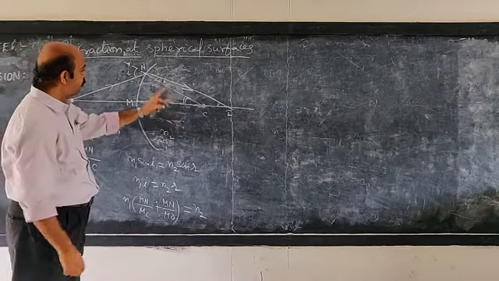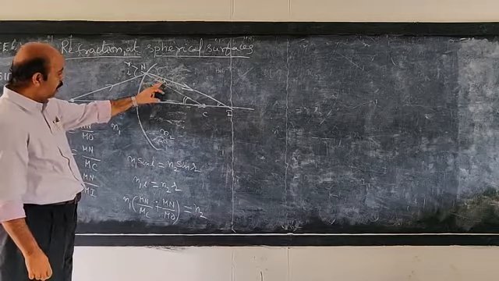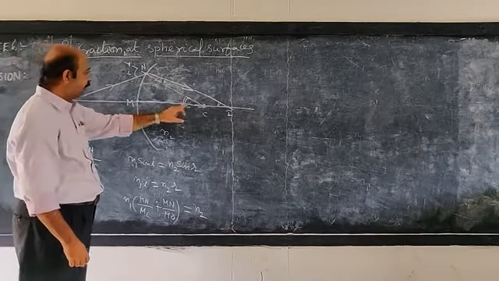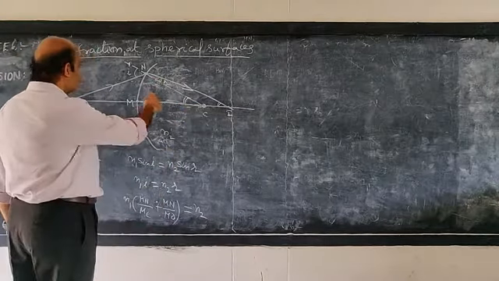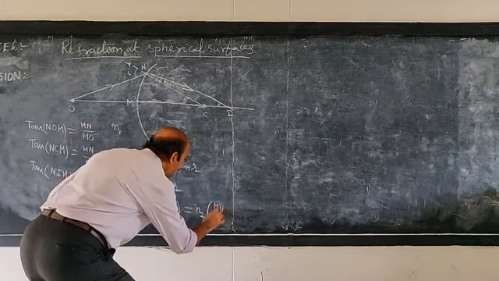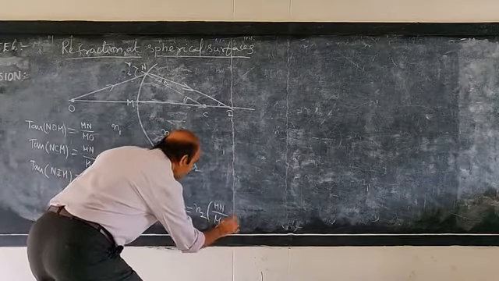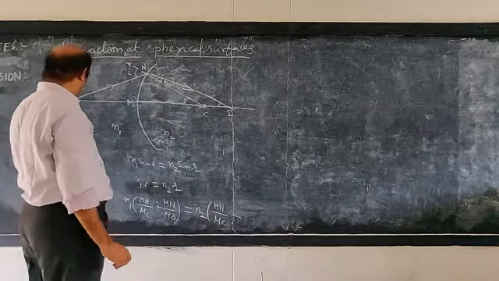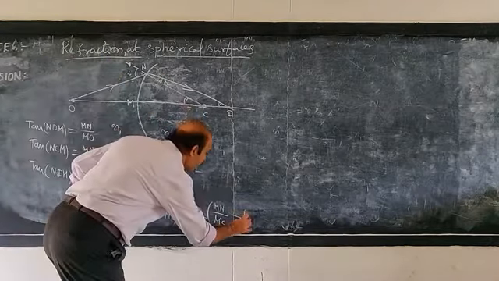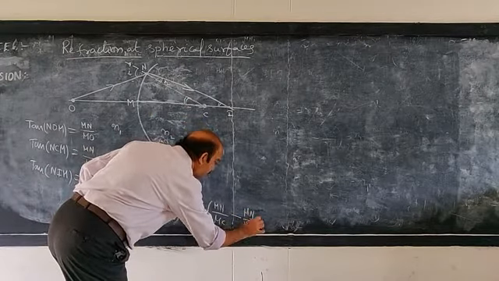So N2 into, in the place of r, I am writing this angle minus this: MN by MC minus MN by MI.